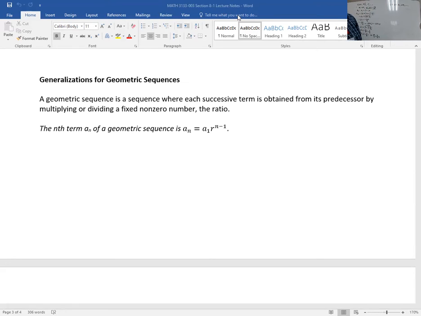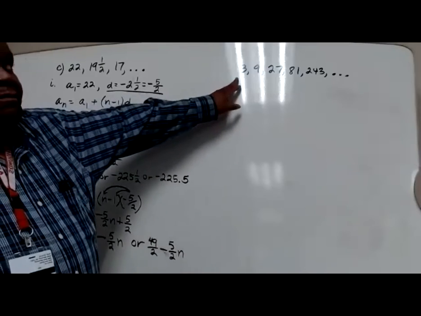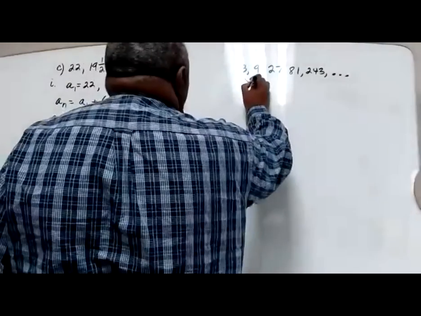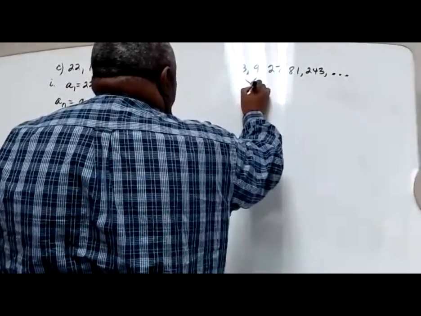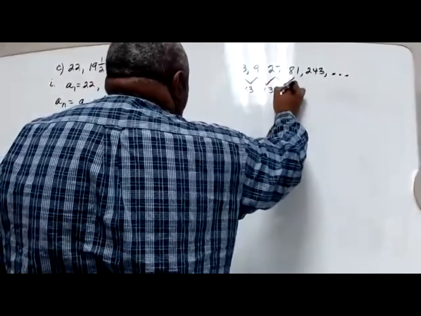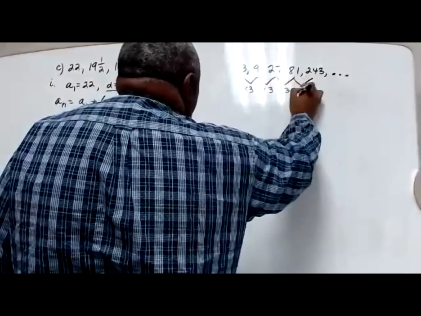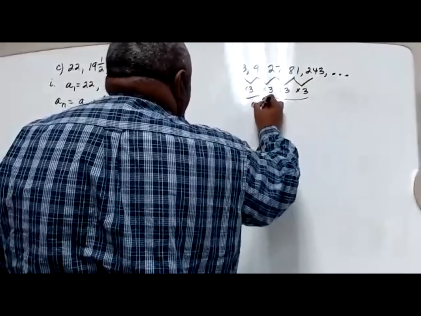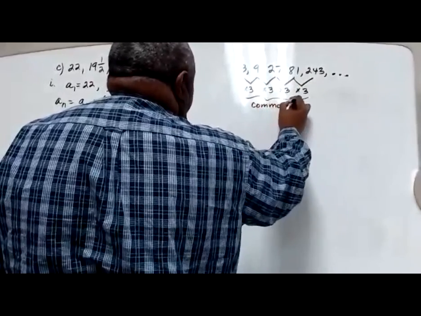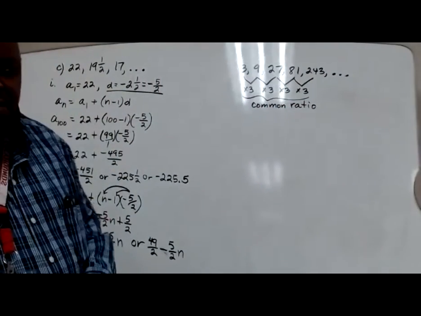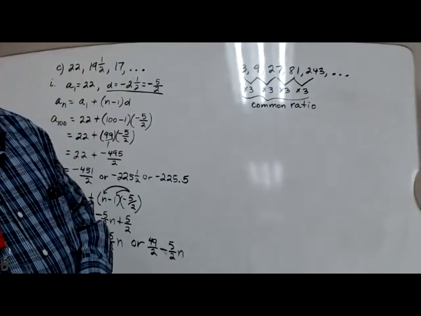Because in this case, I'm multiplying by a common number. So from 3 to 9, I'm multiplying by 3. And to get from 9 to 27, I'm multiplying by 3. And I'm doing the same thing all the way through. So here, this is what we call a common ratio.